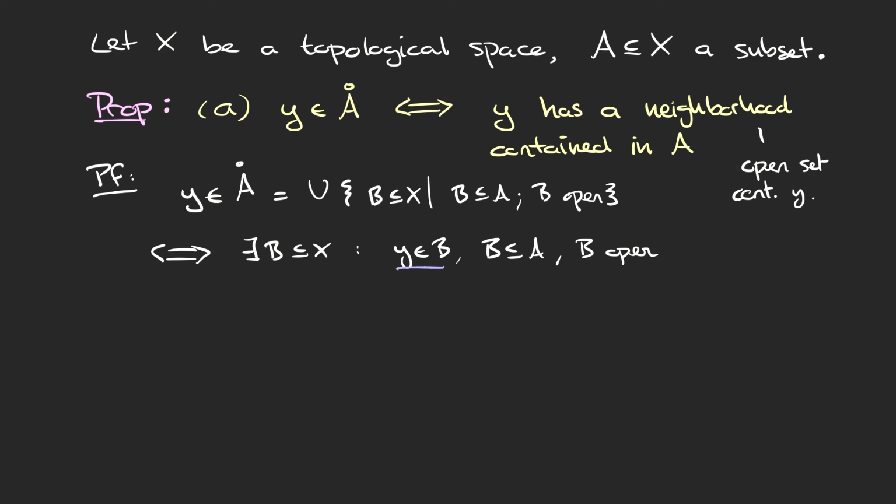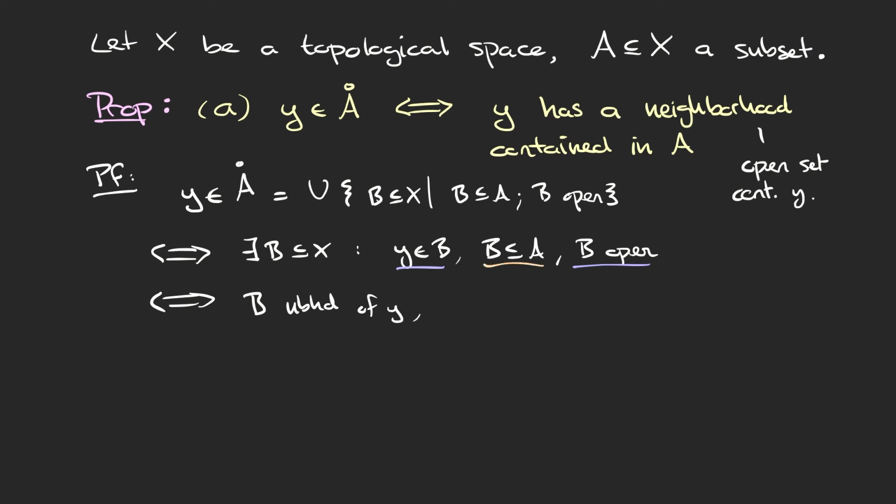But now these two things, namely that y is in B and B is open, means that B is a neighborhood of y. So that's if and only if B is a neighborhood of y.